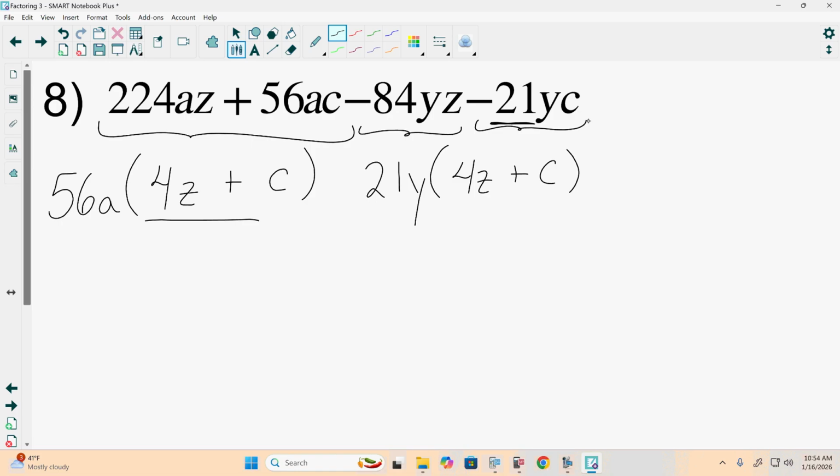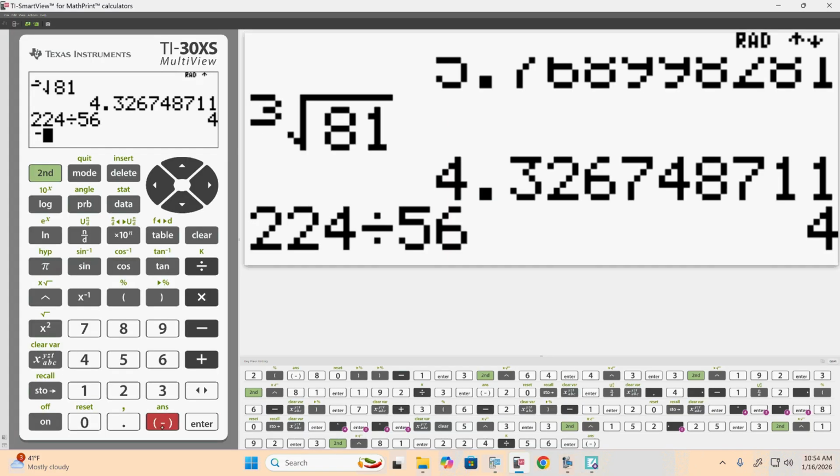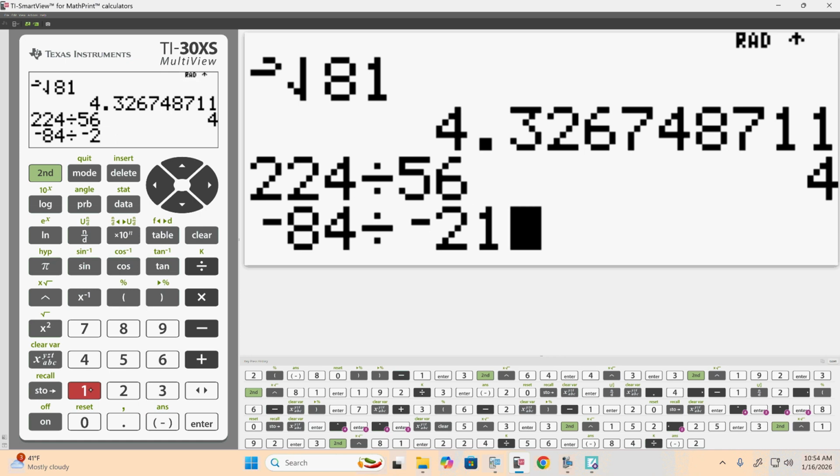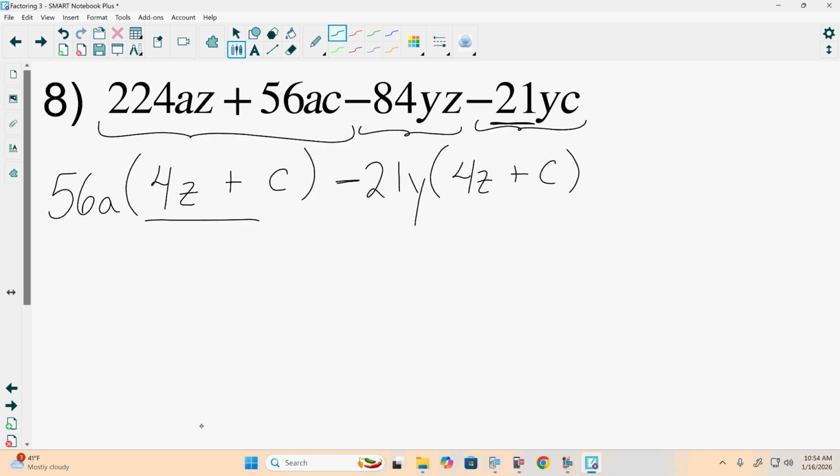We just need to factor out a negative, yes? Because if I divide negative 84 by negative 21, we get positive 4. Negative 21, if we factor negative 21 out, we factor that negative out with it. It's going to turn it from negative to positive.